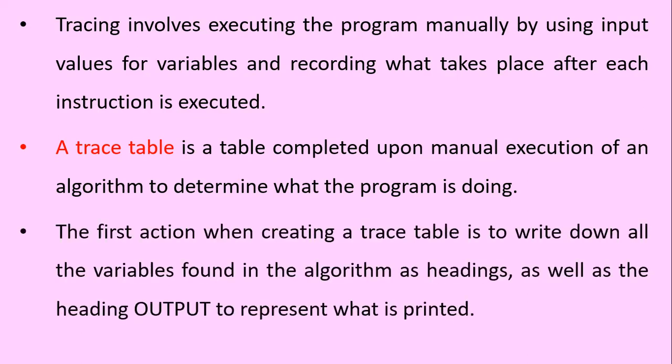The first action when creating a trace table is to write down all the variables found in the algorithm as headings, as well as the heading output to represent what is printed.